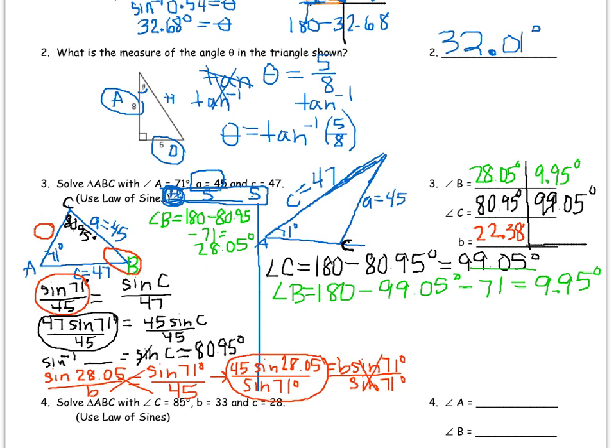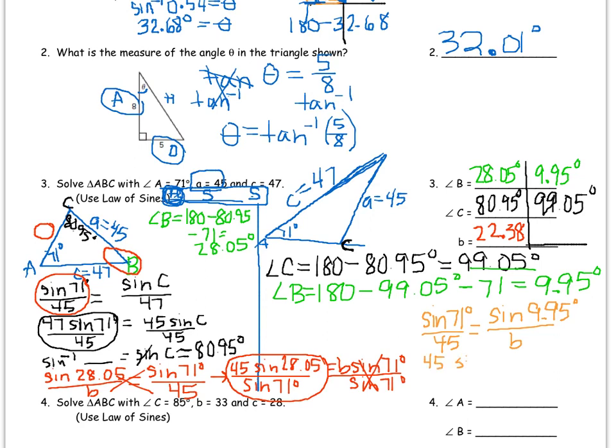So for my second triangle here, I'm going to still use the sine of 71 degrees over 45. But that's now going to equal the sine of, I need side B, so I'll put B on the bottom, and then I'm going to use angle B for my second triangle, 9.95 degrees. And again, I'm still following the same process here.